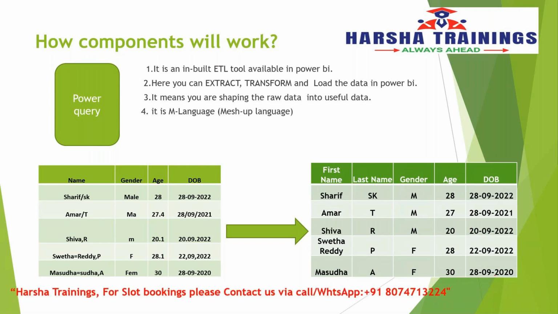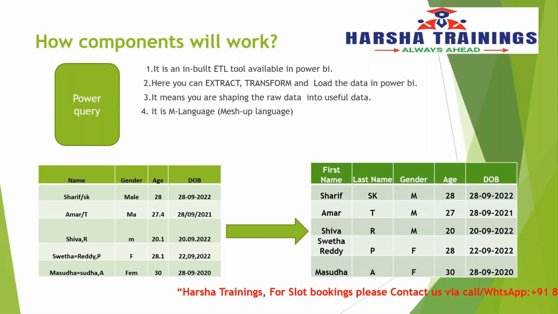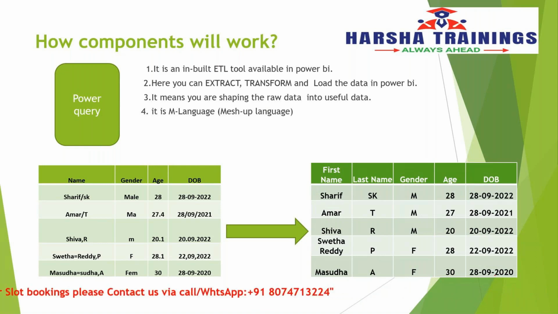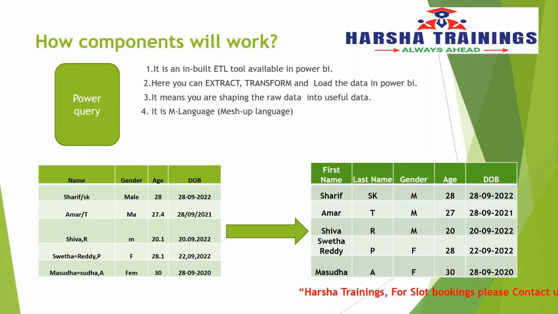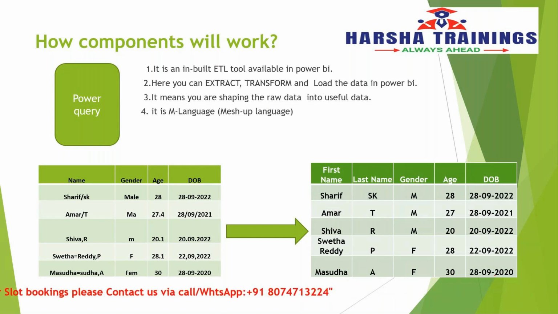That's what I told you: before cleaning up your data, you have to analyze what data and records are available in the data table. I will let you know how to analyze the data. Once we install Power BI, we can do analysis, or we can do analysis through SQL, right?